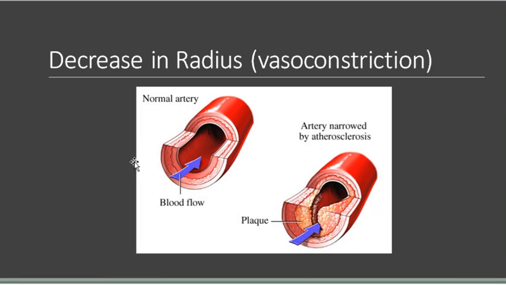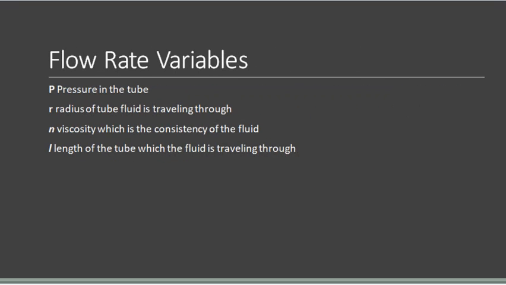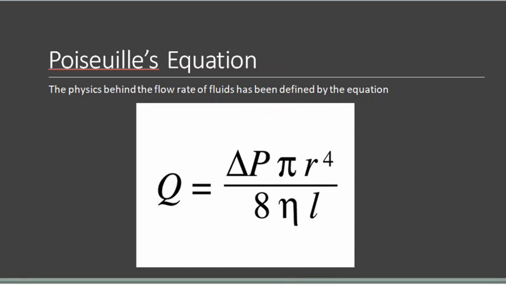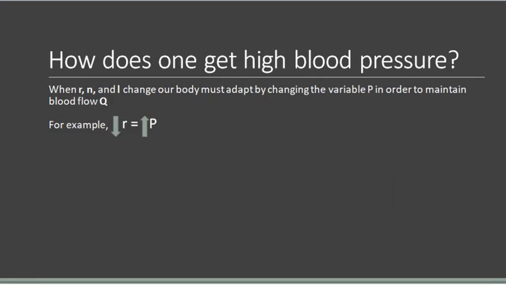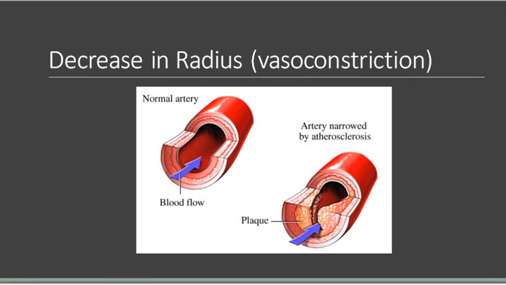The one thing about radius, if we go back to the equation, you can see that radius is to the fourth power, which means it highly impacts flow rate. So when the radius of our vessels is half the size of its original radius, then pressure goes up by a factor of 16.